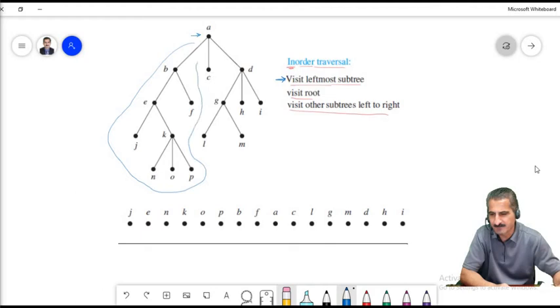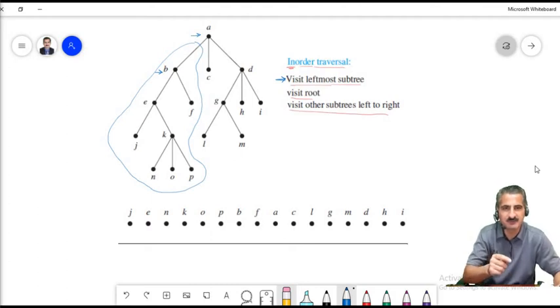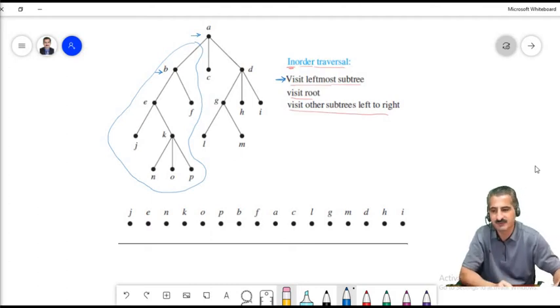Now we have a subtree rooted at B, but we will not take B because we want to visit its left subtree first. And this is the left subtree of B. Okay? It is rooted at E.